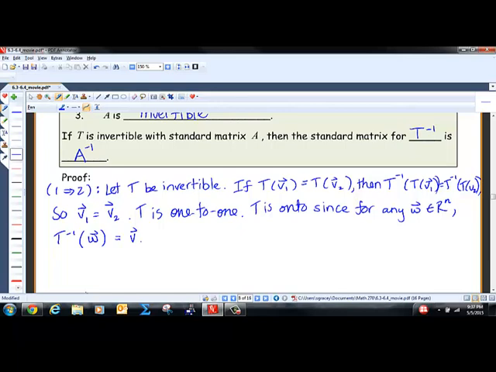So therefore, if you evaluate the inverse at W, it's got to be a vector V. So that shows that it's onto, and we finished that guy.